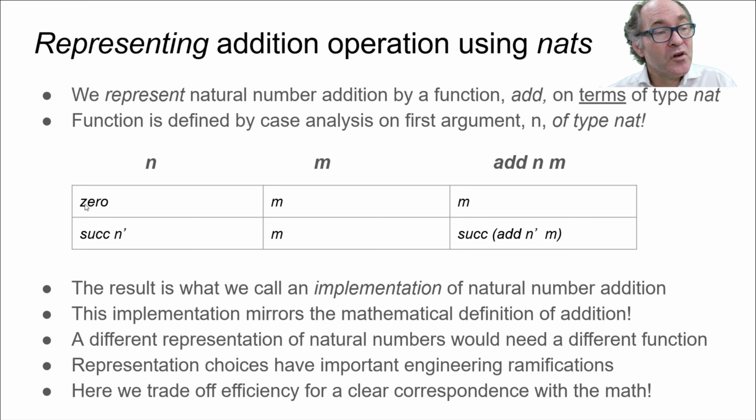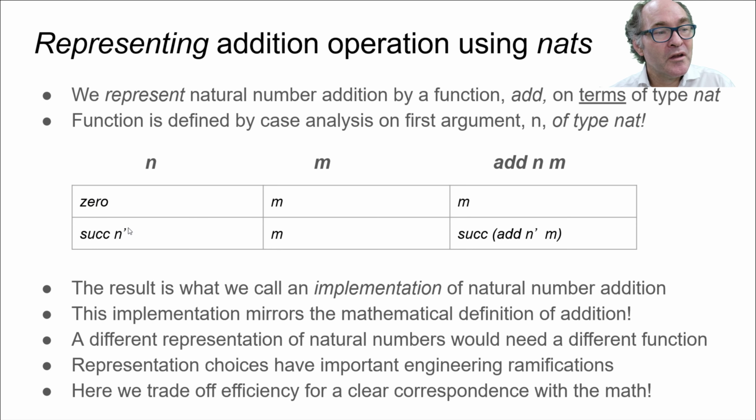So a nat is either 0 or it's the successor of some object that is itself of type nat, here called n prime. The second argument is any nat m, representing some natural number. And the way we're going to define this addition function on these symbols is, if the first argument is 0, we're just going to return the second argument. Okay?